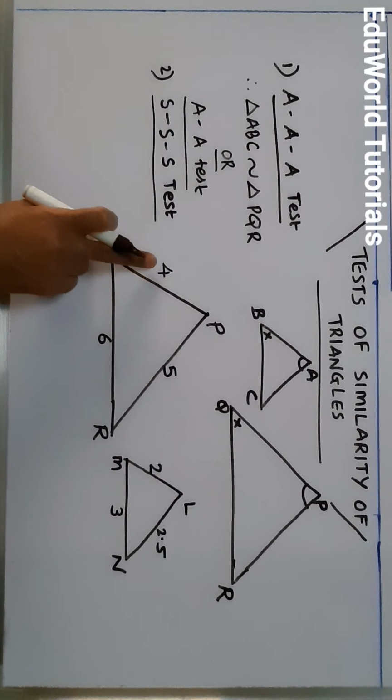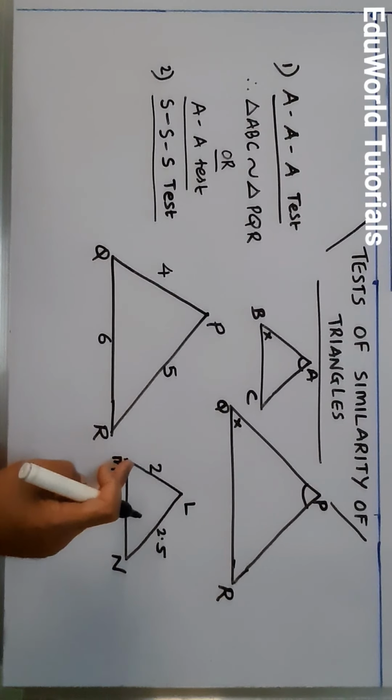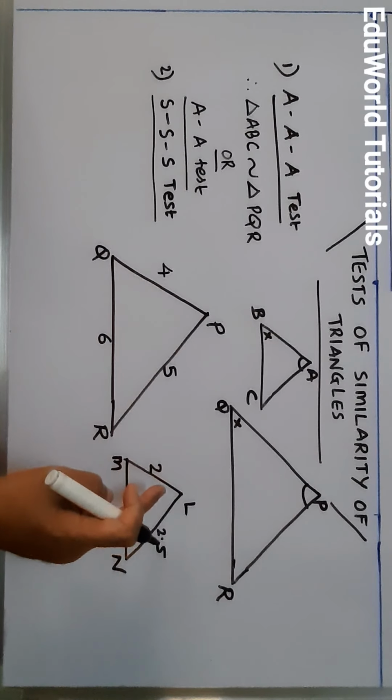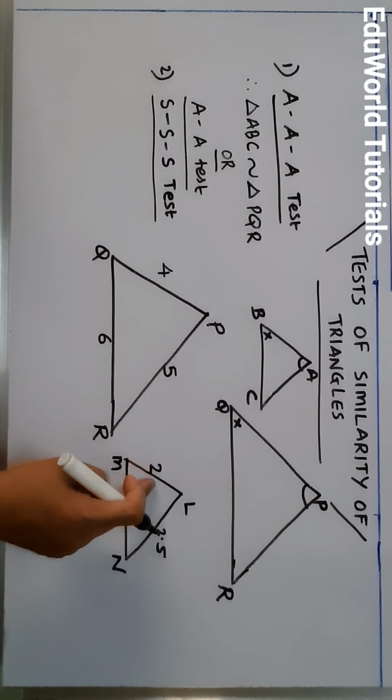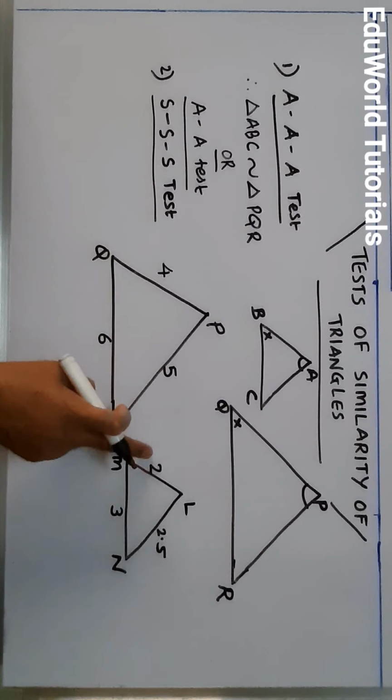Half of side PQ is side LM. In other words, side PQ is double side LM. The ratio of these two corresponding sides is 4 by 2, that is 2 is to 1.